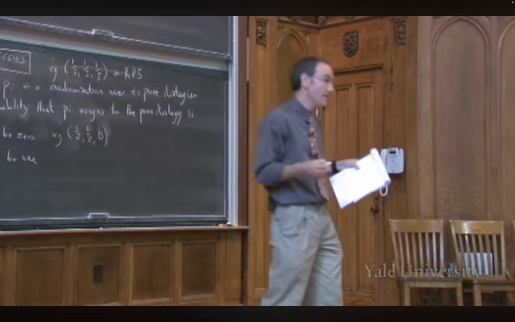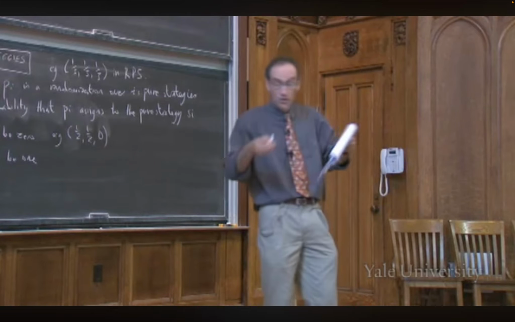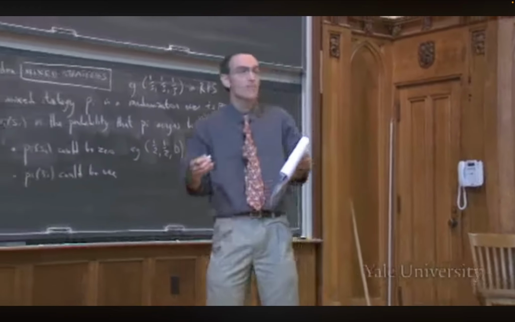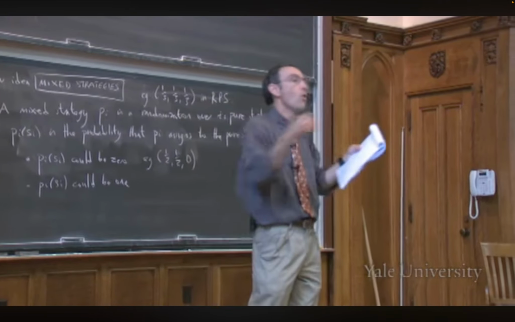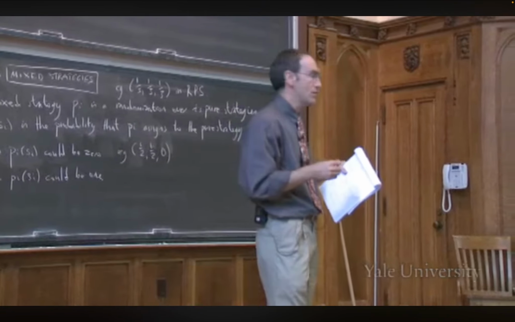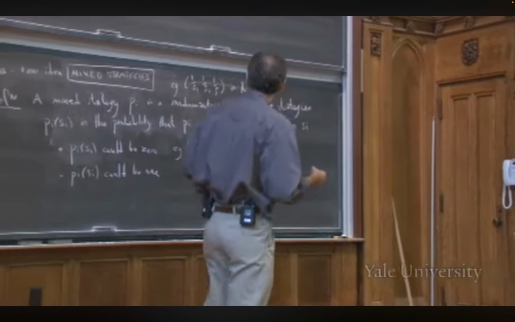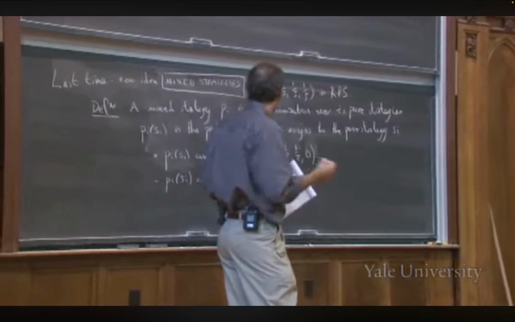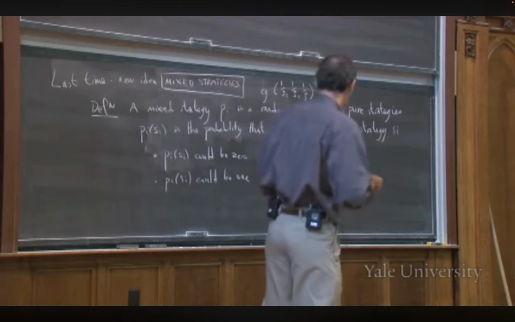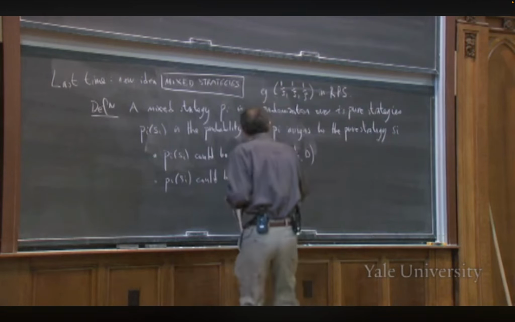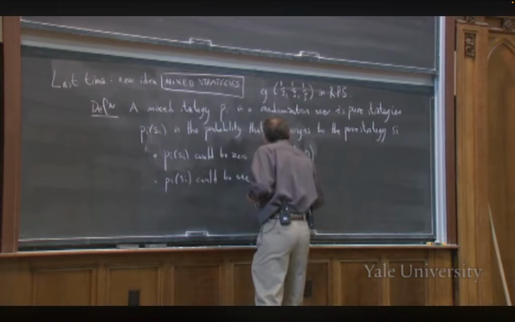That's a pure strategy, right? So notice that we can think of pure strategies as the special case of a mixed strategy that assigns all the weight to a particular pure strategy. So for example, if P_i of rock was 1, that's equivalent to saying that I'm playing the pure strategy rock.